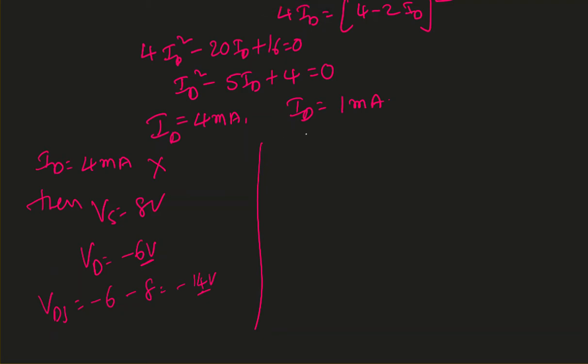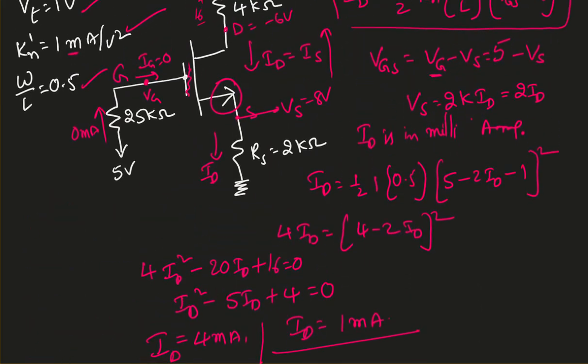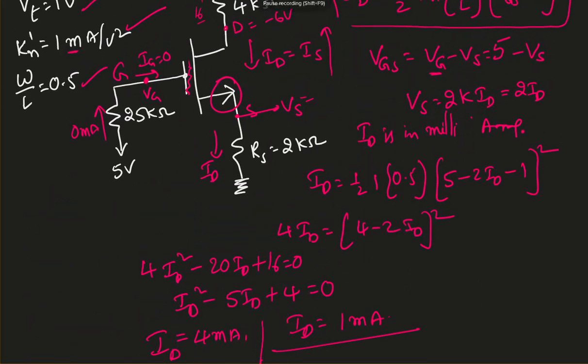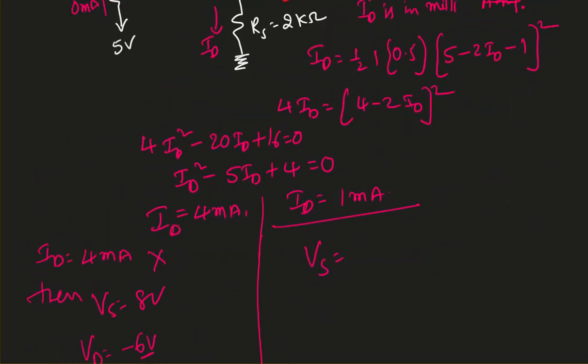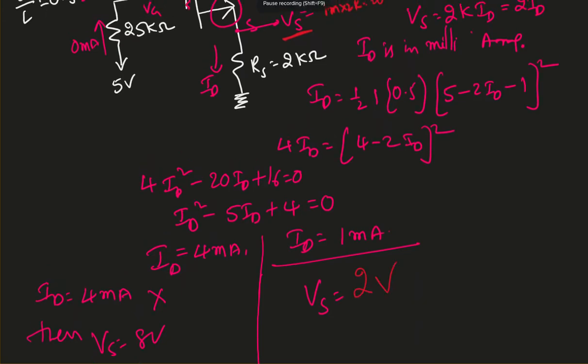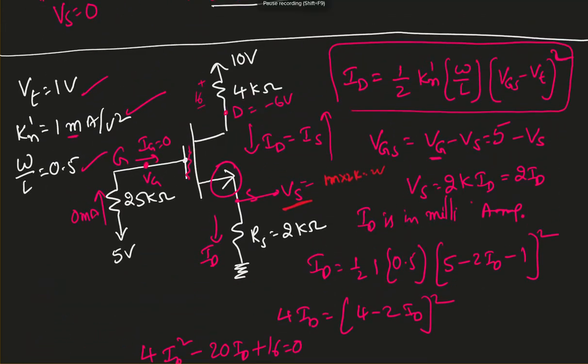So this may not be right. Now we'll take ID equal to 1 milliampere. If I take ID equal to 1 milliampere, then VS must be 1 milli times 2 kilo, so that's 2 volts. So my VS equals 2 volt. Now VD must be 1 milli times 4k, so that's a 4 volt drop.